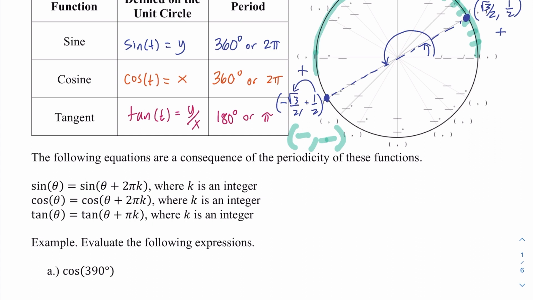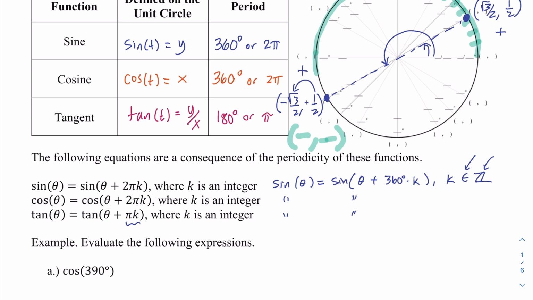So we could write this as, say, sine of theta is the same as sine of theta plus 360 degrees times k, where k is an integer. Sometimes we write it like this. This means belongs to this set of integers. And we can do the same thing for these, except we would have 180 instead of 360 there.